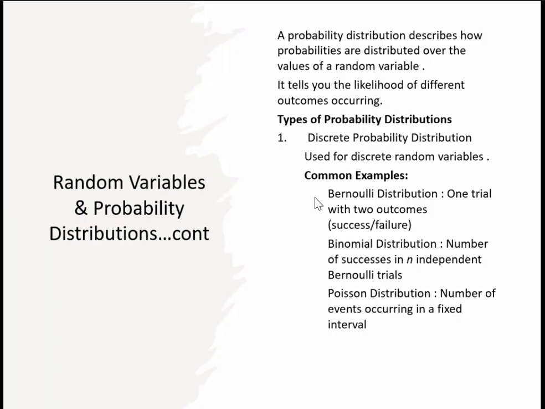Every hour, you flip the coin 5 times and you see how many times you get the head. That's what we call the Poisson distribution.